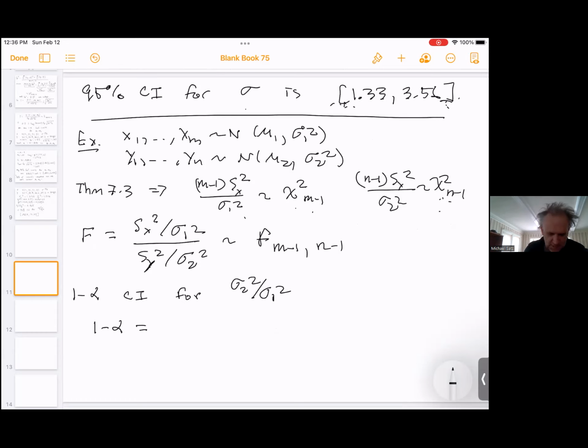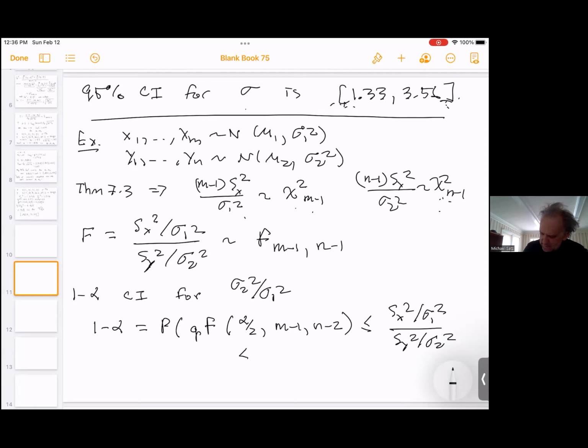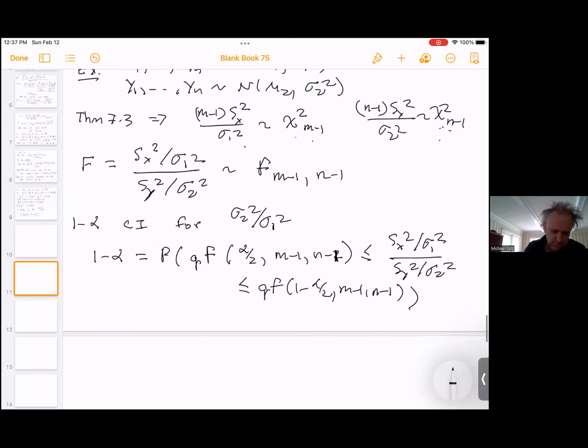So I have 1 minus alpha equals the probability, using this F random variable as the pivot, that q F alpha over 2, m minus 1, n minus 1 is less than or equal to F, so Sx squared over sigma 1 squared over Sy squared over sigma 2 squared, less than or equal to q F 1 minus alpha over 2, m minus 1, n minus 1. Okay. And I can now just multiply by these.